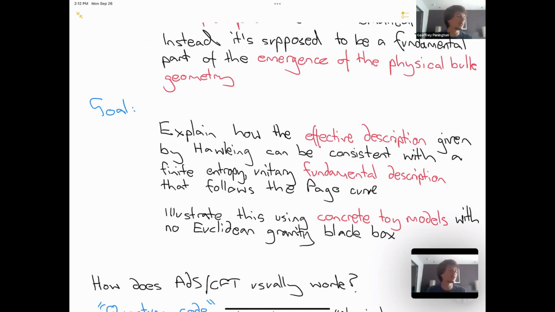So no appealing to Euclidean gravity black box calculations where we get out these answers, but we don't really know what the theory was doing to get there. We're just going to be dealing with very concrete qubit toy models, and we're going to see all these features appearing in that. So hopefully that will at least make it clear, even if you still want to believe in firewalls, what you have to give up to avoid them and what the alternative is where you don't have firewalls.